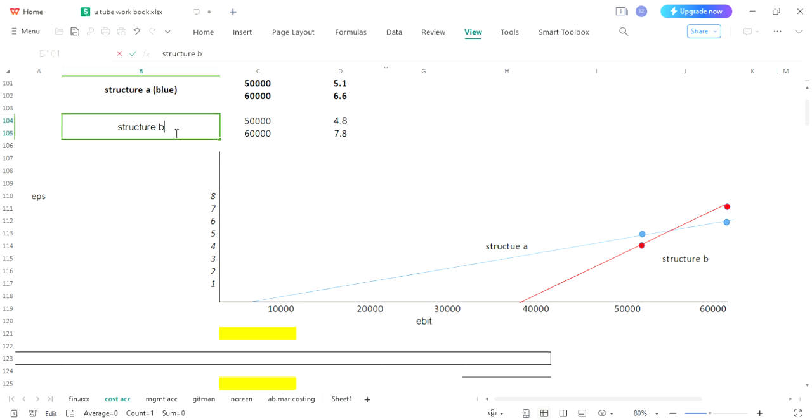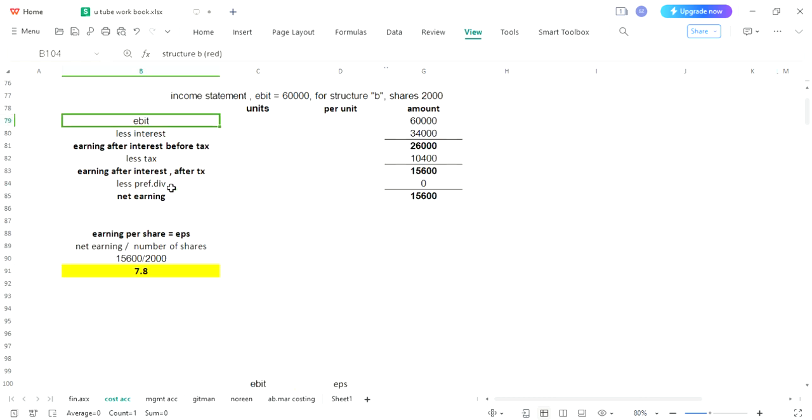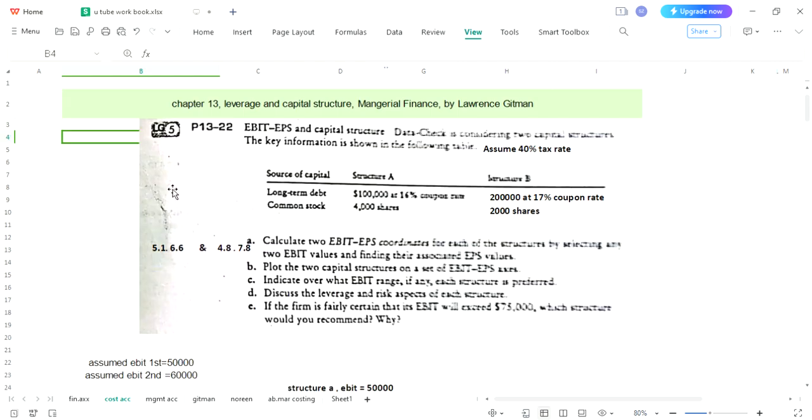Just to remind, if there is any requirement related to this, you will easily be getting the point. Structure B is red. Let's get back to the question and see what is our requirement.